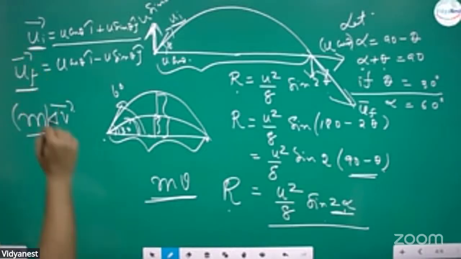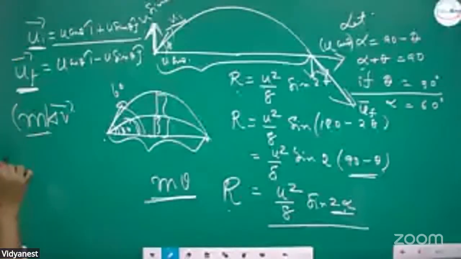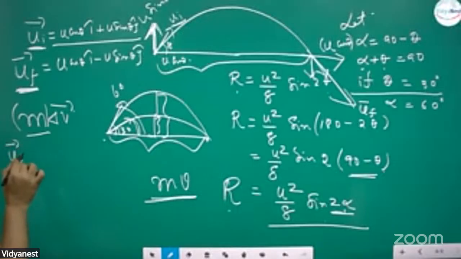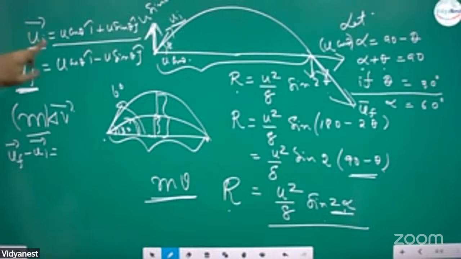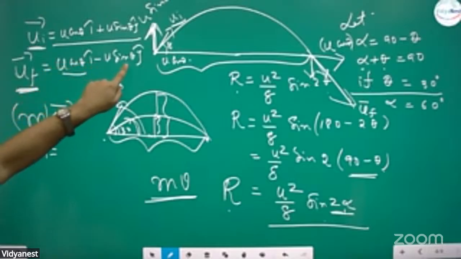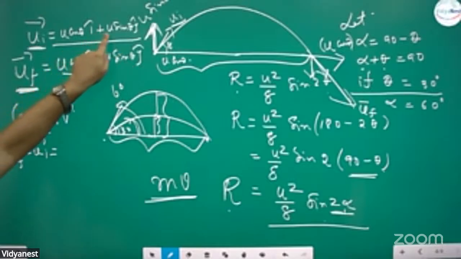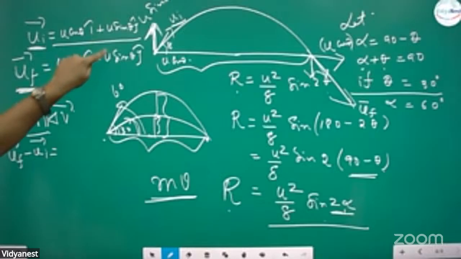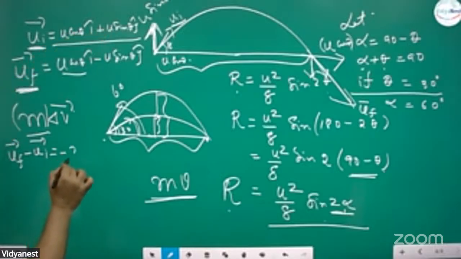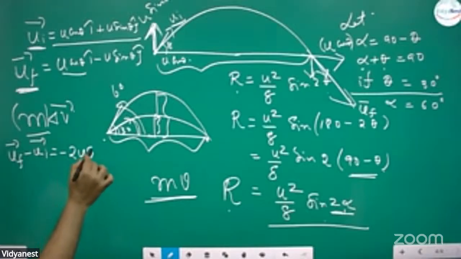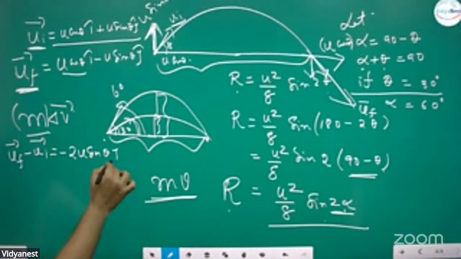So uf minus ui: u cos theta i cap and u cos theta i cap cancel out. Minus u sin theta j cap minus this u sin theta j cap means minus 2u sin theta j cap. This is the change of velocity.